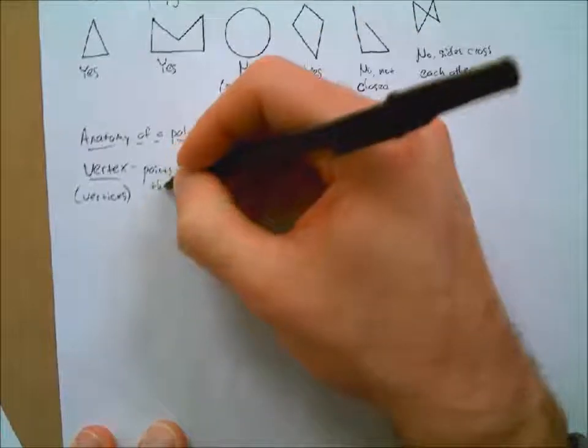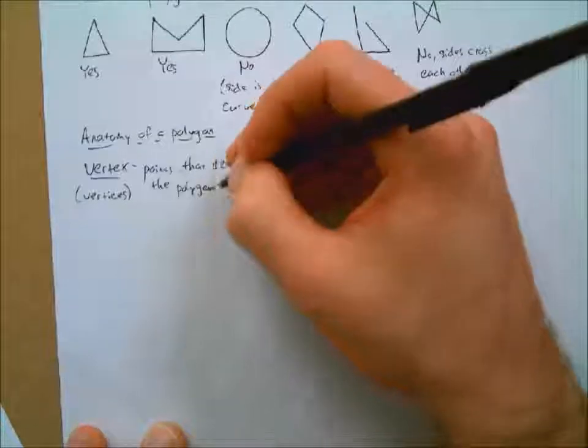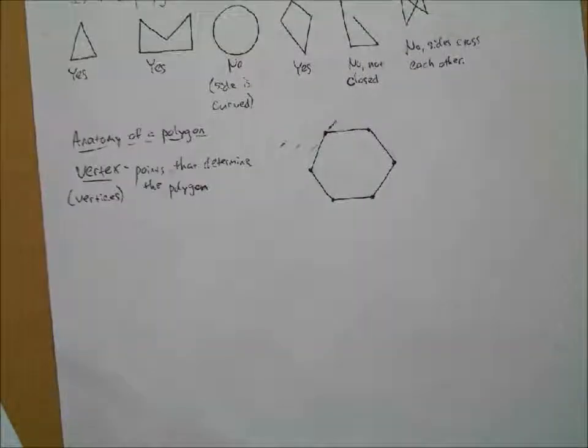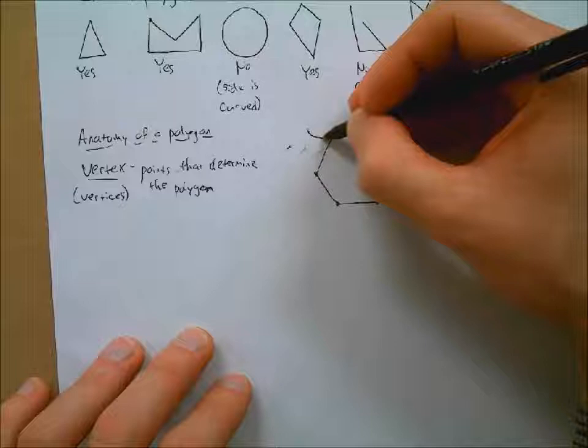We know what a vertex is. We've seen them so often. They're like the pointy part of the angle. They're the endpoint of the sides here. Ugh, my pen is smudging awfully. All right, so here is a vertex.